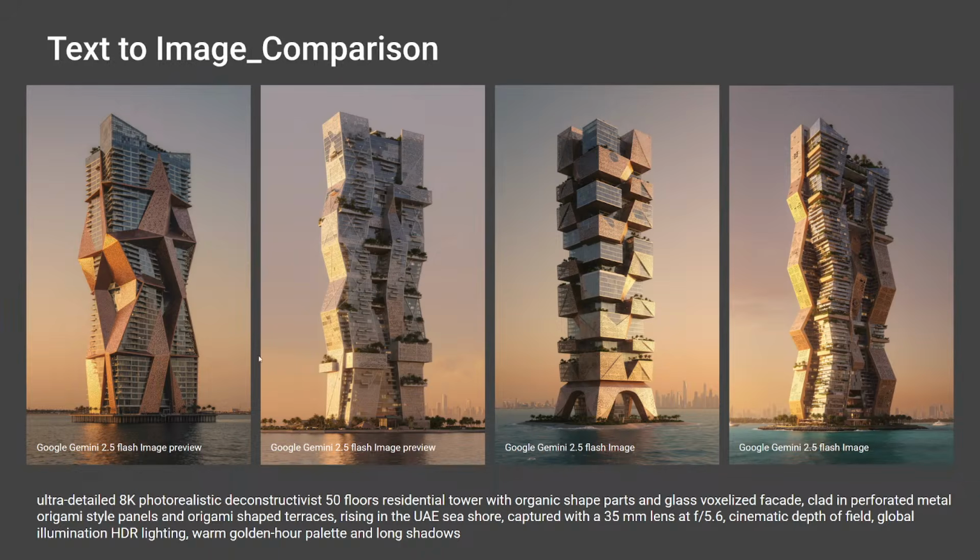And this is a comparison between two Gemini models, so the first two images are from Flash Image Preview, and these two are from Flash Image, so this kind of final model from Google right now, the best one. And there is not really a tool to compare them precisely, because when you change the seed for API models, you can't tell if it really changed or not when you switch the models as well, because maybe for another model this seed is not totally the same parameter as for, let's say, the preview model.